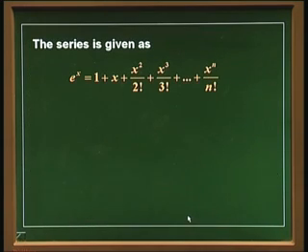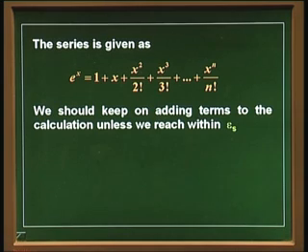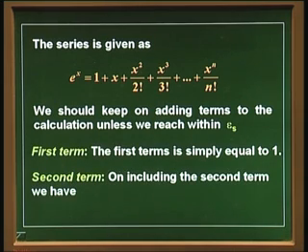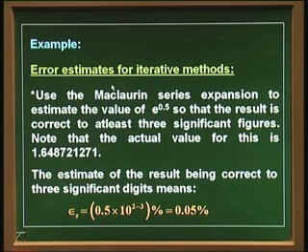So that's what we would see in the series. For example, for e to the power of x, I can write it as 1 plus x plus x squared by 2 factorial plus x to the power 3 by 3 factorial, etc. We know that. And then we should keep different terms. The first term is just 1, and we just saw that if I do e to the power of 0.5, the correct answer is 1.64872, let's say.